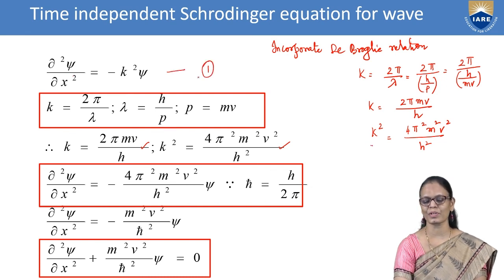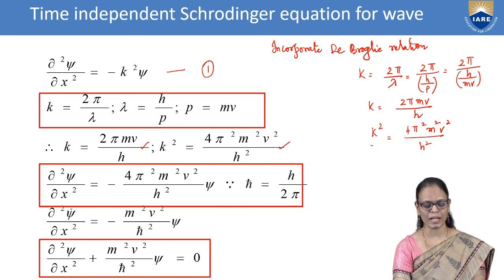Maybe I'll write this as equation 1. Substitute the value of k square here. So dou square psi by dou x square is equal to minus, because we have a minus here, for k square we will substitute 4 pi square m square v square by h square, psi. Now 4 is a constant, pi is a constant, h is Planck's constant. All these are constant. So instead of so many constants, we can write one constant using the relation h cross is equal to h upon 2 pi.